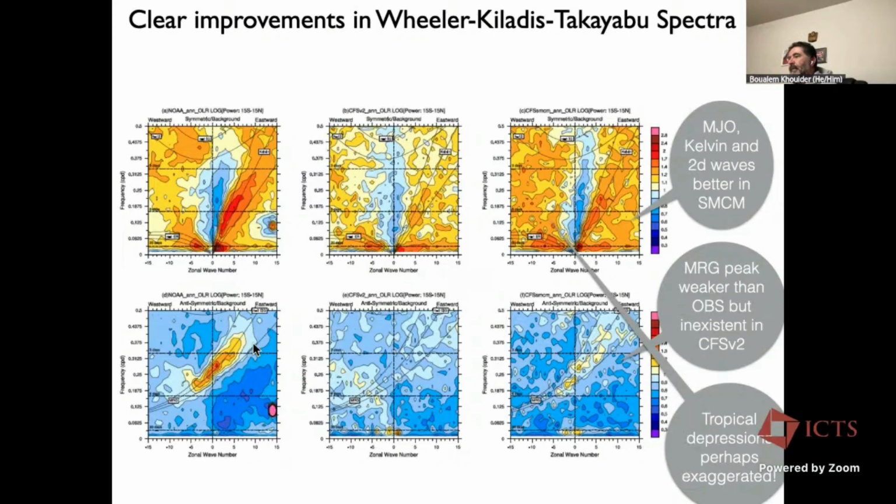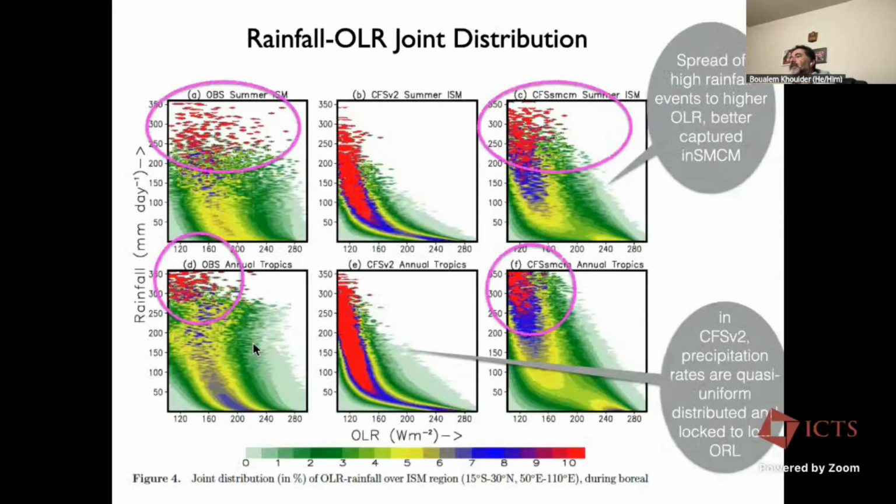This is another nice picture which shows the rainfall distributions, with rainfall on this axis and OLR on this axis. This is from observations during the summer monsoon. You see this kind of distribution, with high rain rates that happen at lots of different OLR values.